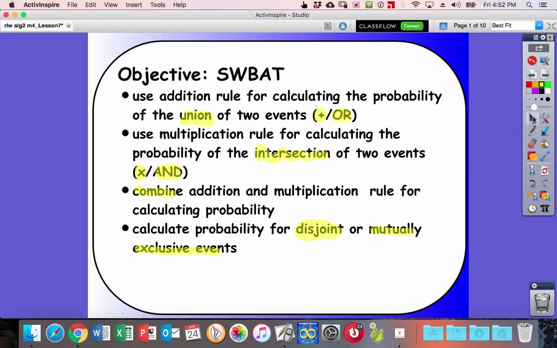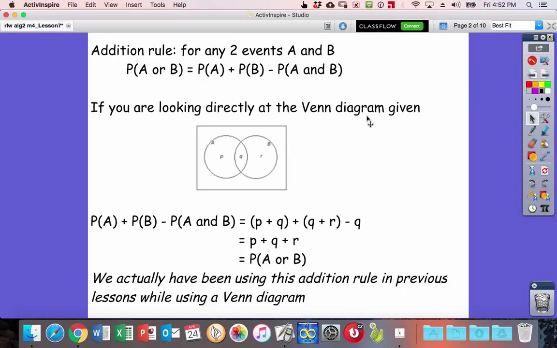So the addition rule for any two events, A and B, this is the new rule for you: if it's A or B, then you're going to add the probabilities and you're going to subtract the intersection of those probabilities. We actually have been doing this.